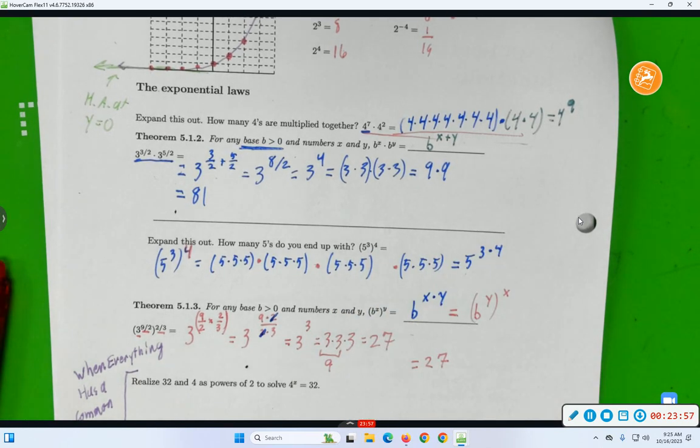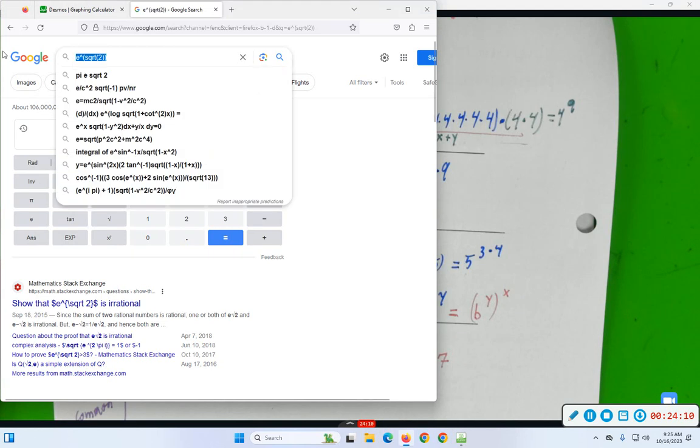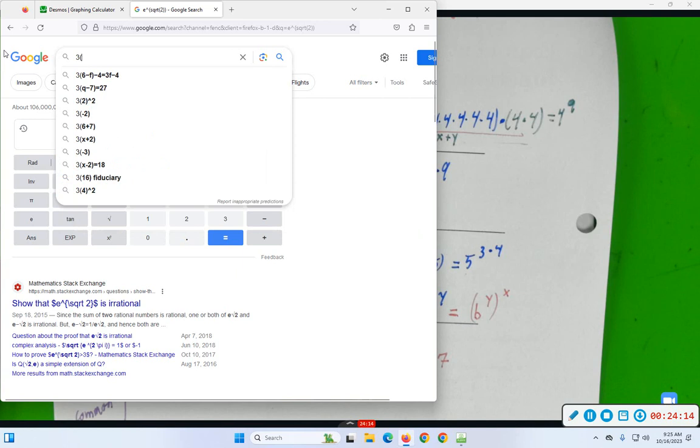And you know what? As long as we are talking about this idea that even on problems that you can just do by hand, and that I want you to do by hand, you can also take a moment and see if you've done things correctly. Let's also use a calculator. Let's compute 3 raised to the 9/2.